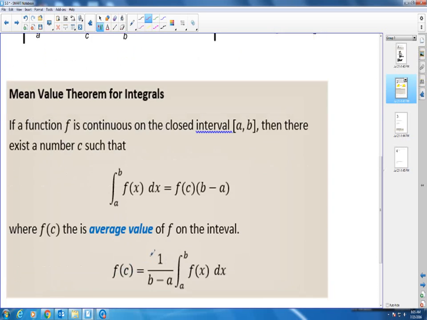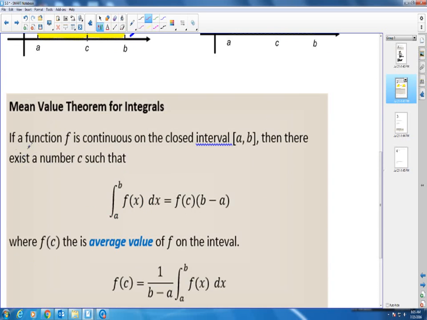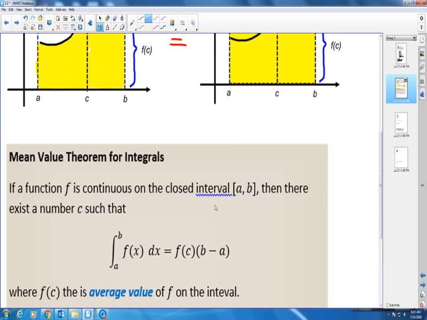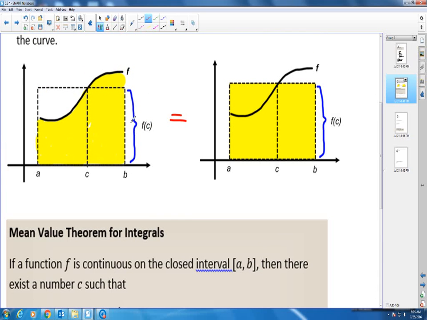Very interesting. So here is what the theorem says. If a function f is continuous on a closed interval from a to b, then somewhere there exists a number c such that the integral of the function from a to b will be f of c times b minus a. So f of c is your height. Your entire width is from a to b.